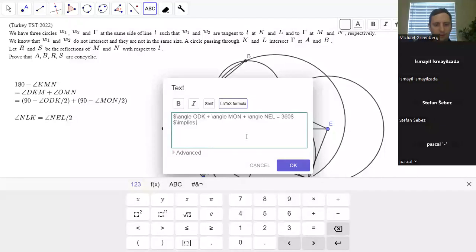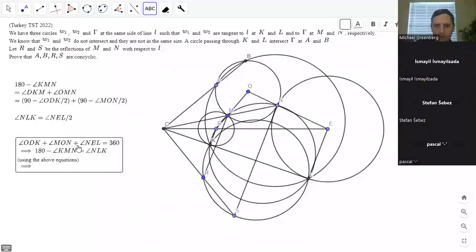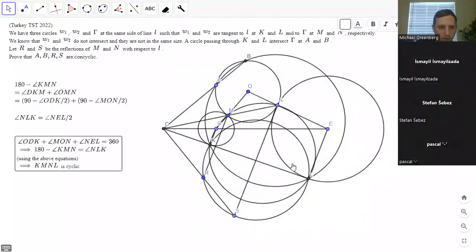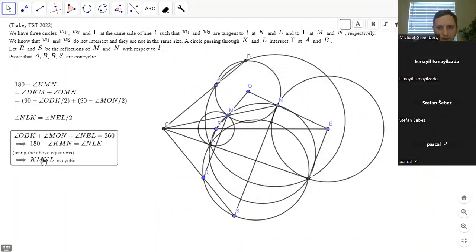And that would mean that this is equal to angle NLK, using the above equations. And that implies that KMNL is cyclic.